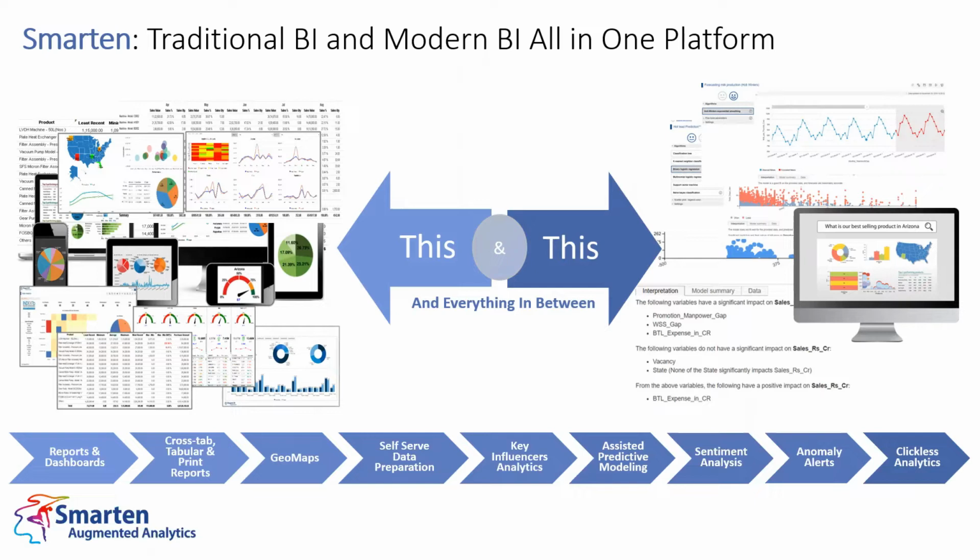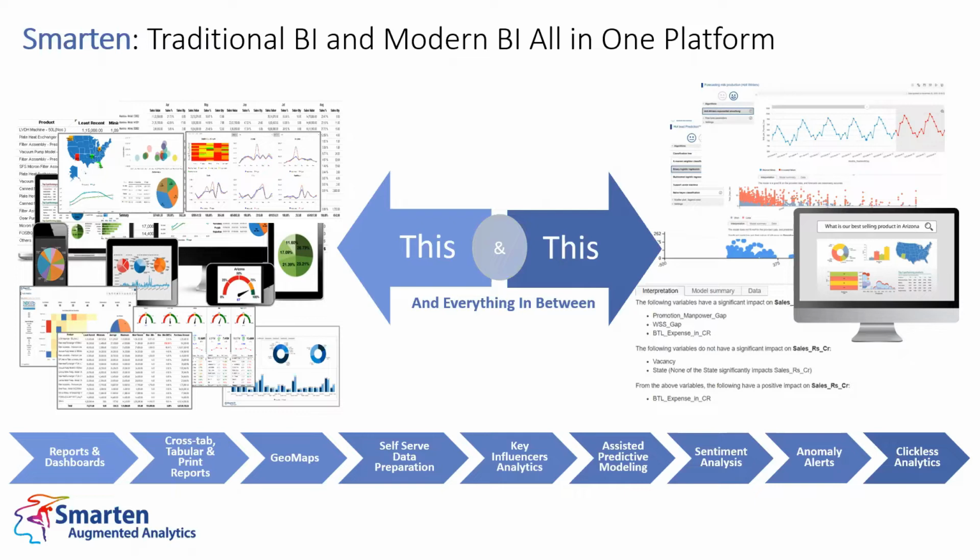You can also have cross-tab and tabular reports. It also provides pixel perfect print reports. So in case you have any typical format reports, maybe your schedule 6 balance sheet or a ledger report or your invoices or anything, even those can be created from Smarten.